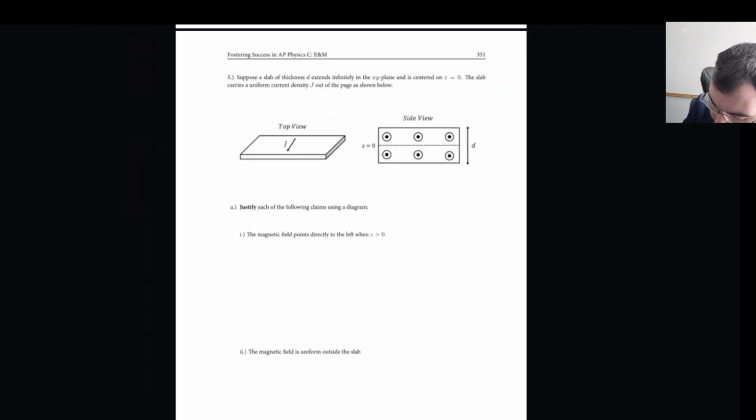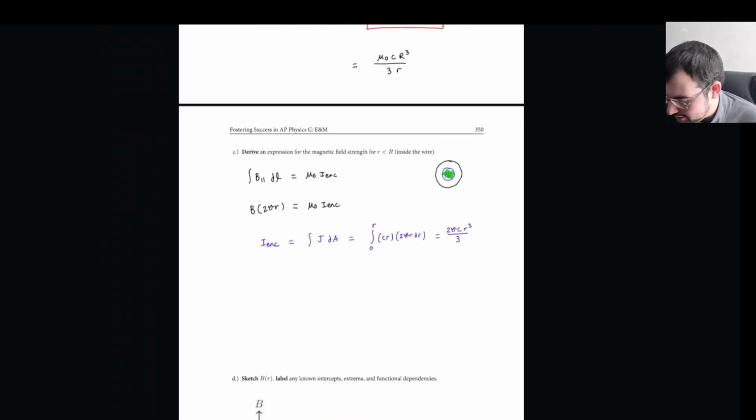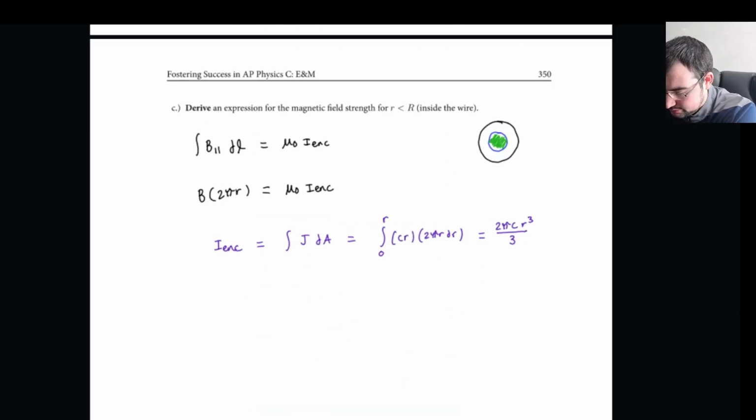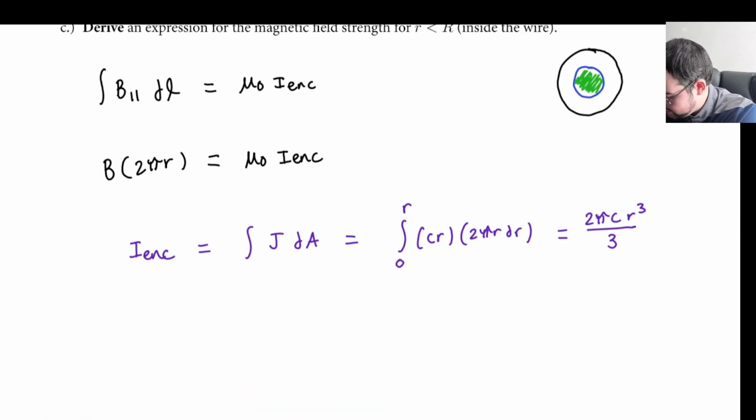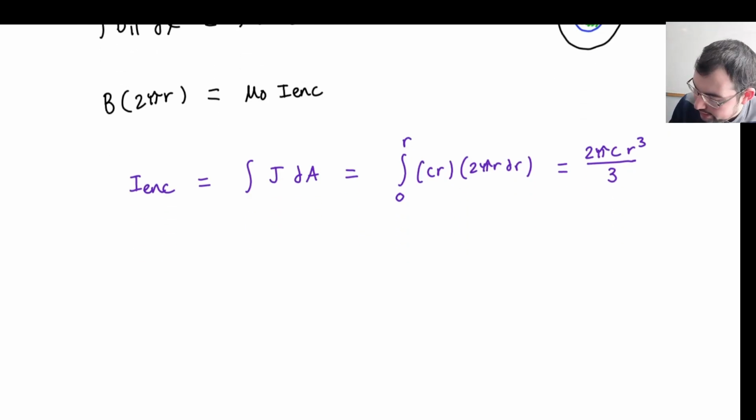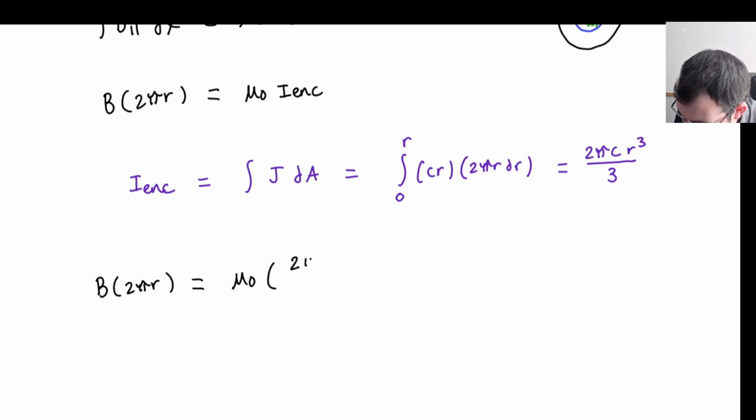All right, now we do it. Okay, we're back. So B times 2 pi r is equal to mu naught times I enclosed, which is this object.